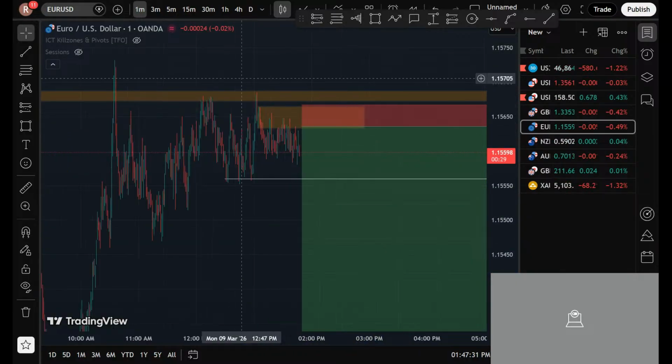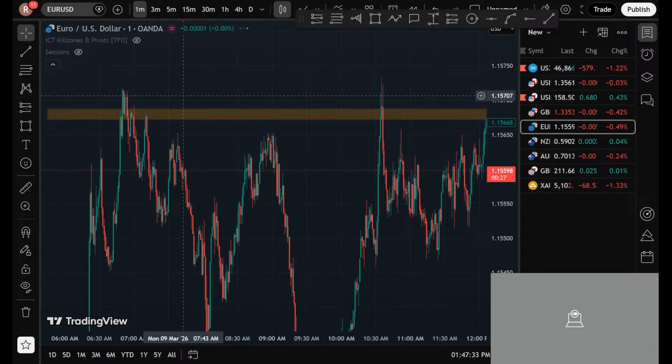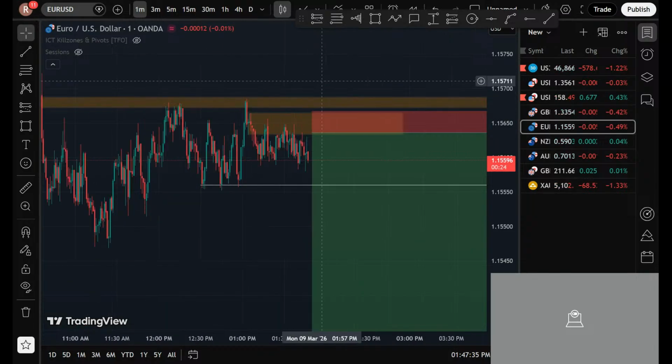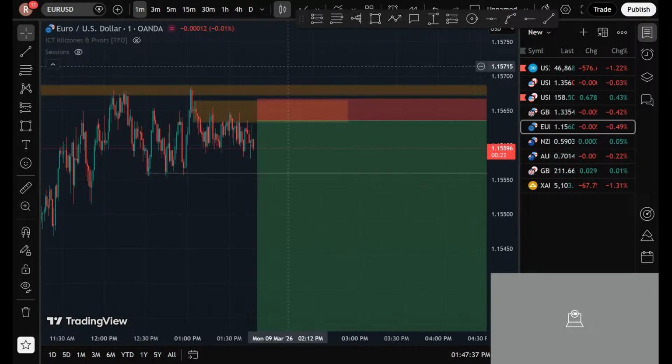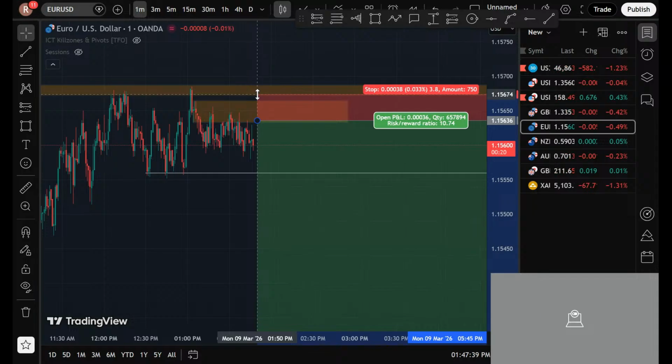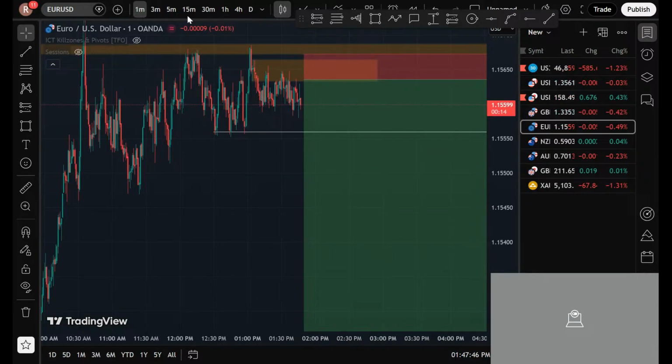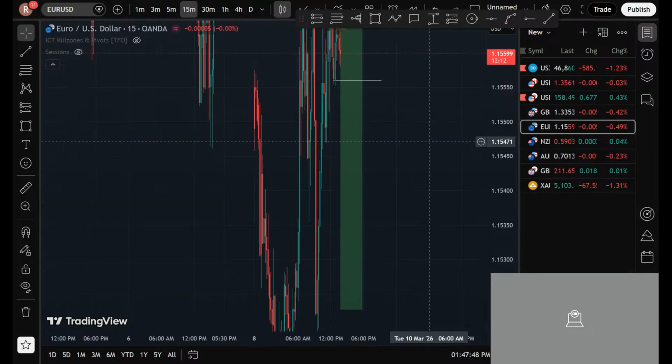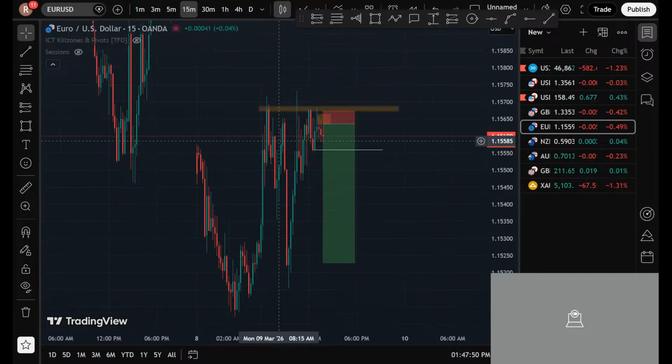From this, because this was the only order flow left for market to take orders and drop from, because above this we don't have any order flow. So if market comes around this area, I would be interested for sales, and I will just be keeping my stop over here, and my full take profit would be here.